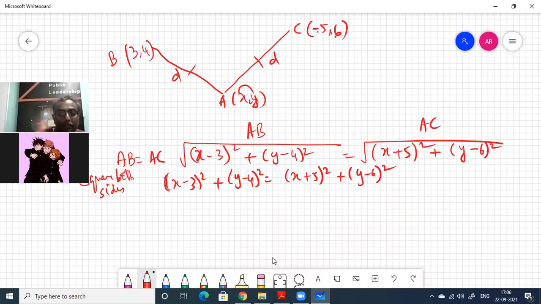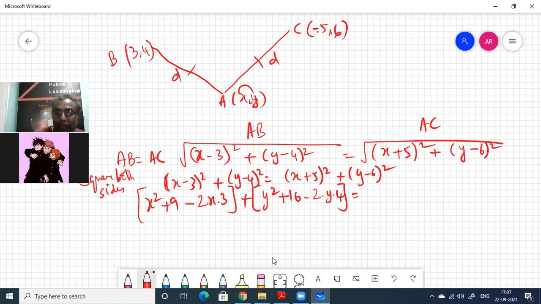Now you use the (a minus b) the whole squared formula: a squared plus b squared minus 2ab. Then (a plus b) the whole squared: a squared plus b squared plus 2ab. Then again (a minus b) the whole squared: a squared plus b squared minus 2ab.